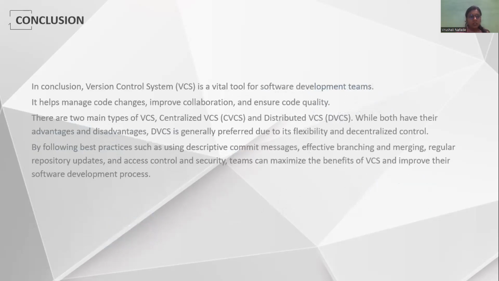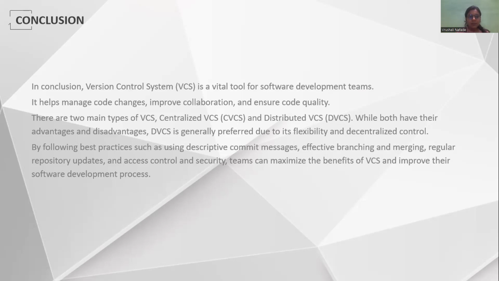So in conclusion, a version control system is a vital tool for software development teams. It helps in managing code changes, improving collaboration, and ensuring code quality. There are two main types of version control: centralized and distributed. While both have their own advantages and disadvantages, distributed version control is generally preferable due to its flexibility and decentralized control.